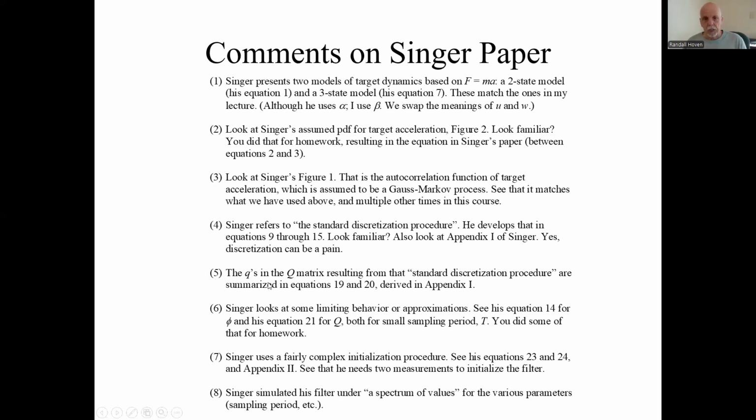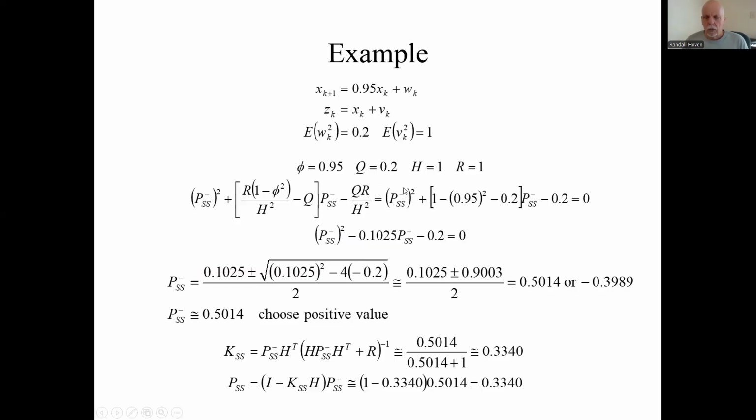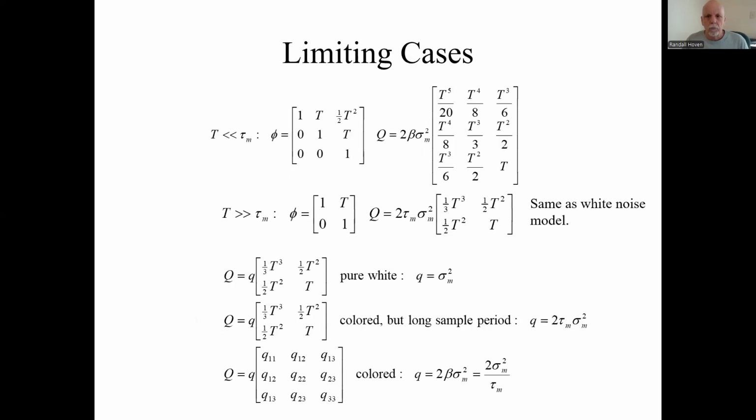It was tedious to come up with the Q, especially that 3D Q, making it an appendix. He looked at those limiting behaviors where the sampling time was much smaller and then much greater than the maneuvering time constant. I had my students do some of that for homework.